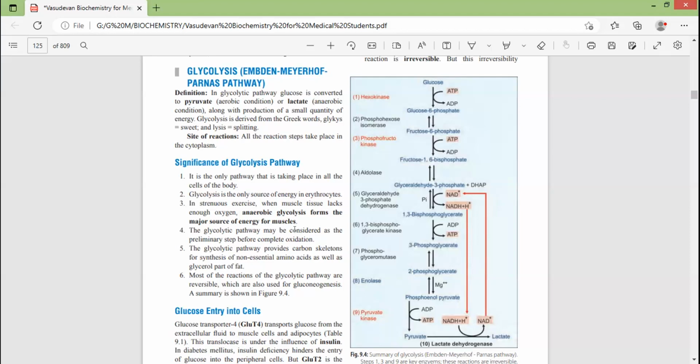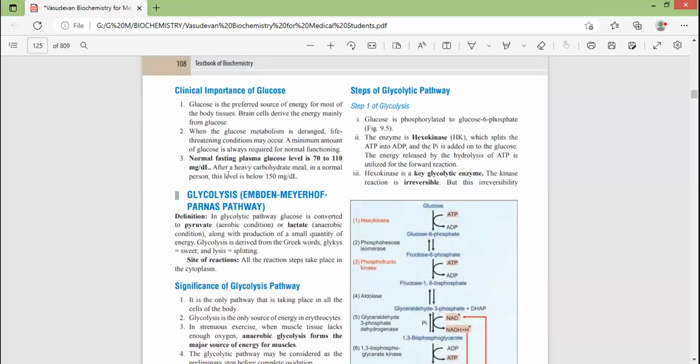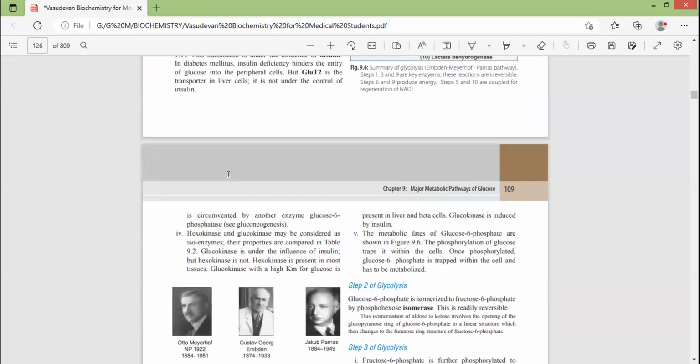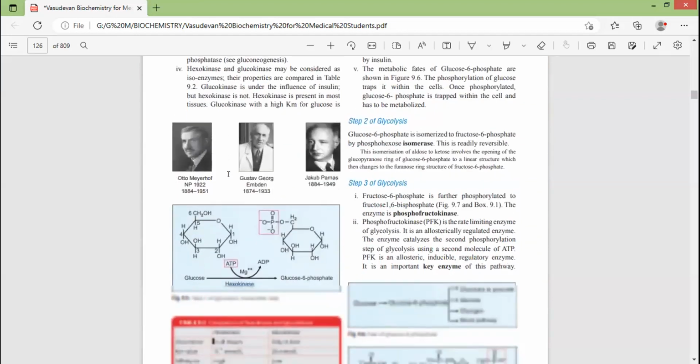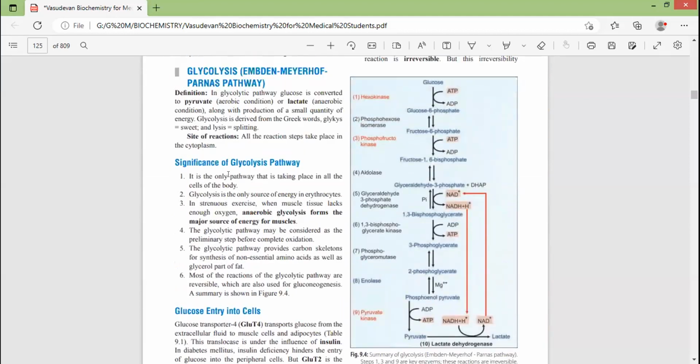So once it enters that cell, it is essential that glucose is converted to something that is not osmotically active, and that is glucose 6-phosphate. That is one important reason why glucose needs to be converted. So it's converted to glucose 6-phosphate, then fructose 6-phosphate.